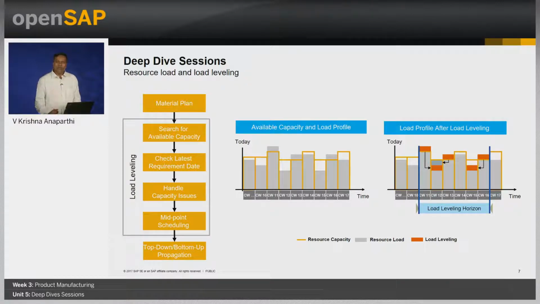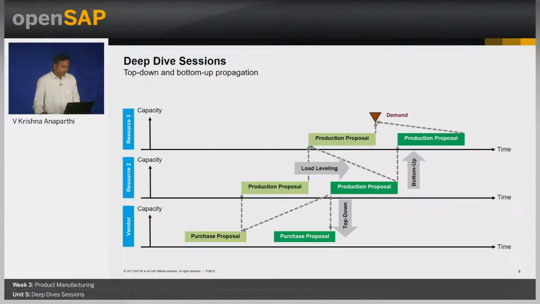There is also a provision for the user to choose if the planning proposals within the planning time fence can be leveled or not. As I mentioned earlier, the rescheduling is only possible for unfirm proposals. Let's say that the proposal gets shifted. Once the proposal gets shifted, there is a chance that the dependent component proposals will get disturbed.